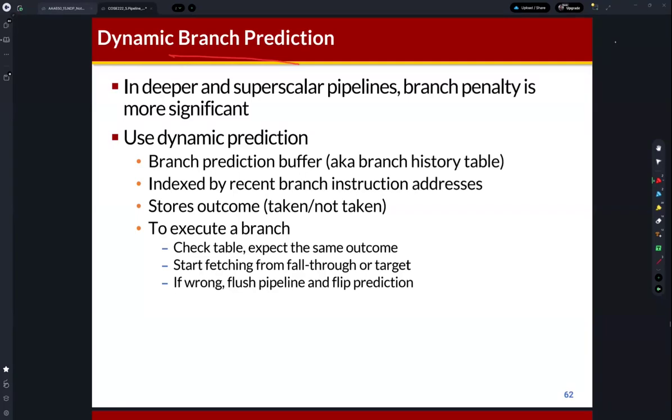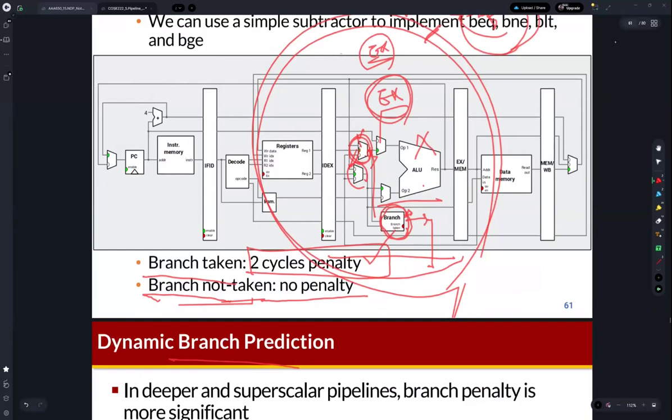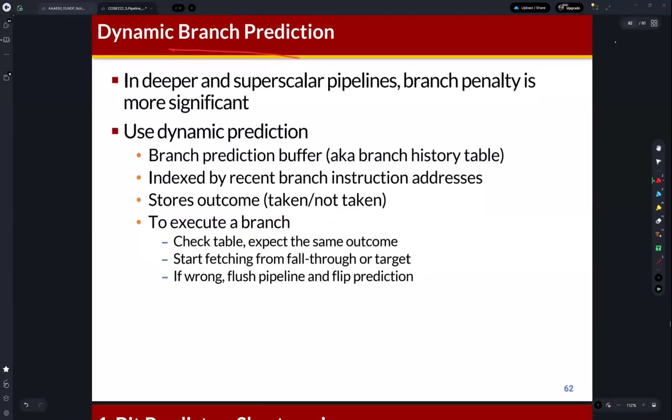So what is the purpose of branch prediction? What is the problem of branch instructions? Why are many cycles wasted? Because the result of the branch instruction is detected late. This is the problem. If the branch instruction result is detected late, then more cycles will be wasted.